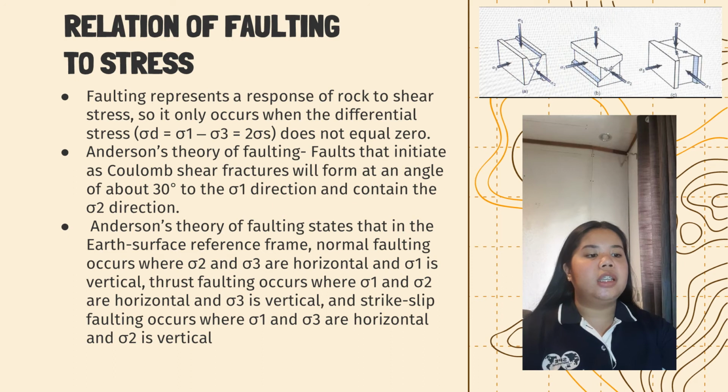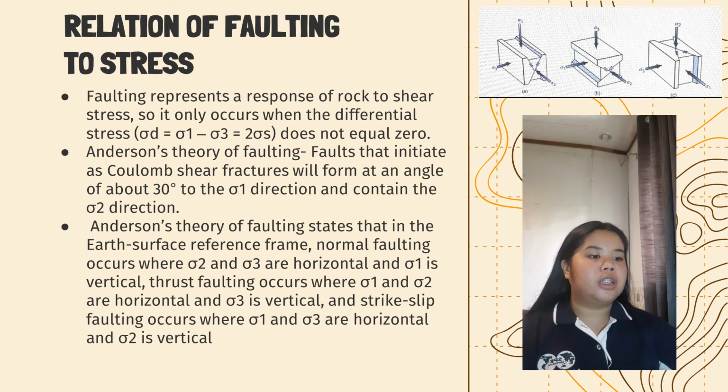Indeed, faults that initiate as conjugate shear fractures will form at an angle of about 30 degrees to the sigma 1 direction and contain the sigma 2 direction. This relationship is called Anderson's theory of faulting.